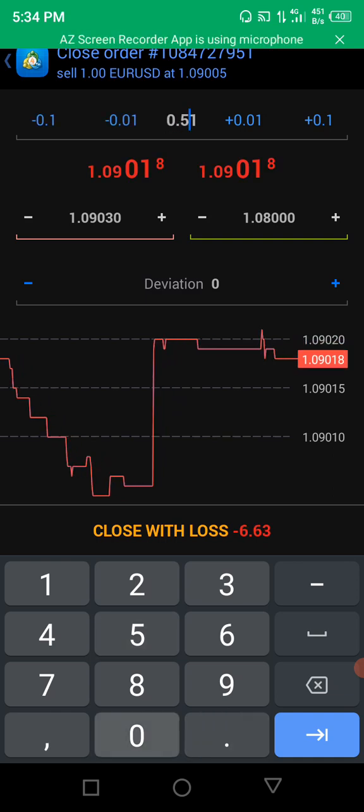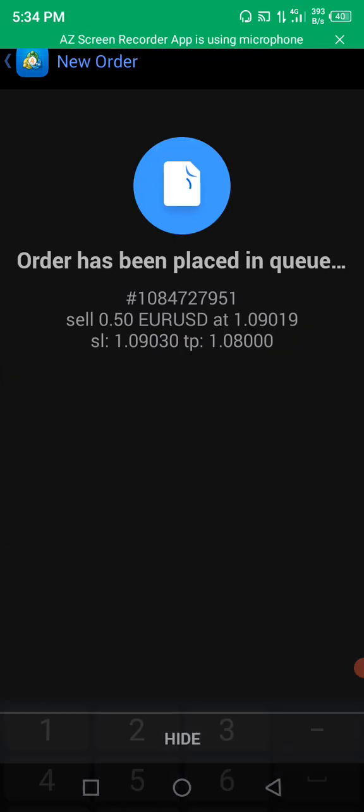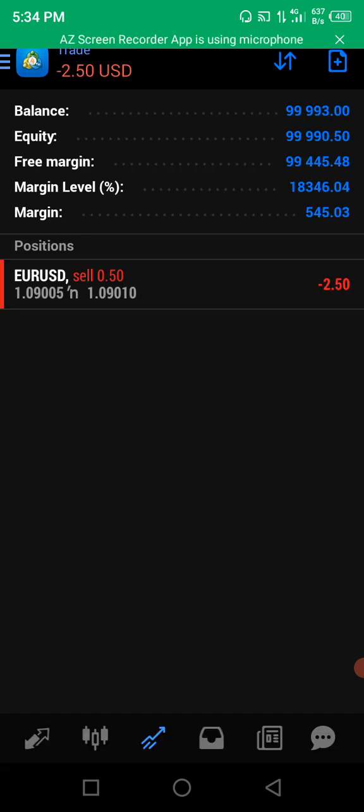So we just come and take out 0.50, and our order will be closed. So now we still have the trade running, but at a reduced lot size or risk. So that's how to take partial from the market.